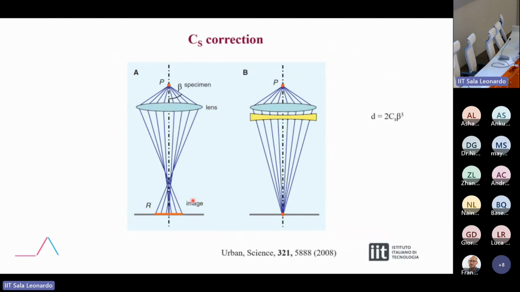When you put the negative CS value, then these beams with positive CS, which focus before the Gaussian image plane when you have 0 CS, are just going to focus somewhat below the Gaussian image plane.